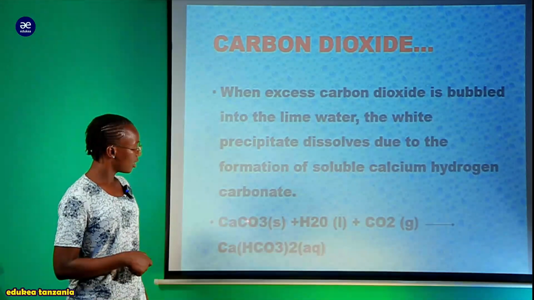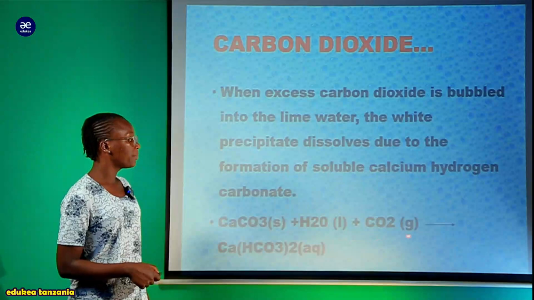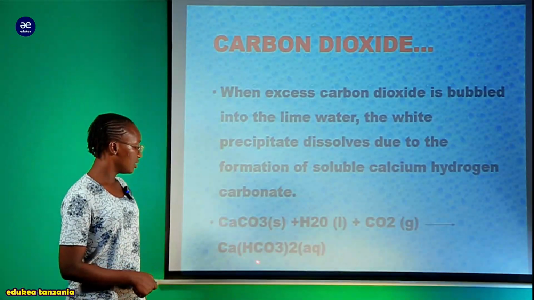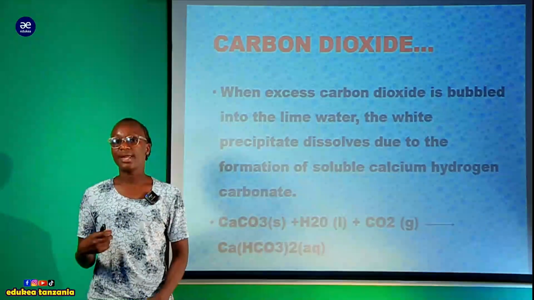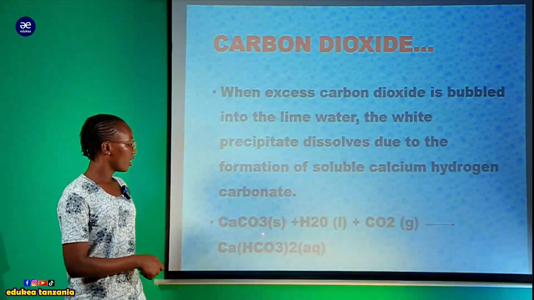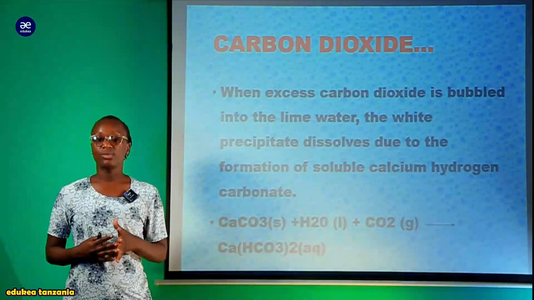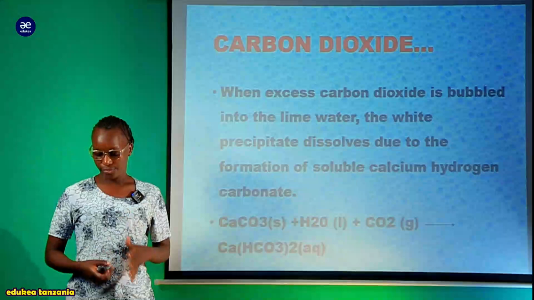So calcium carbonate plus water plus carbon dioxide gas, tunaenda kupata calcium hydrogen carbonate. So the white precipitates zenyewe zina dissolve.